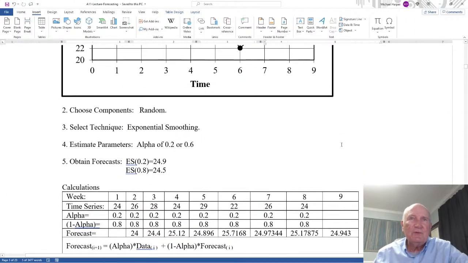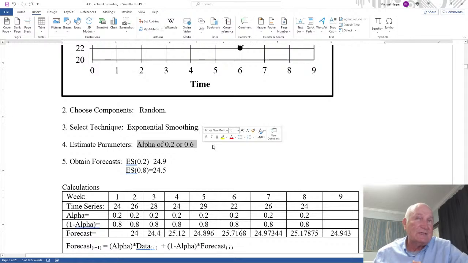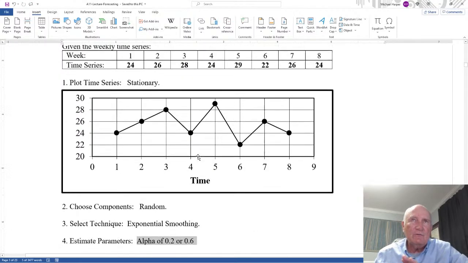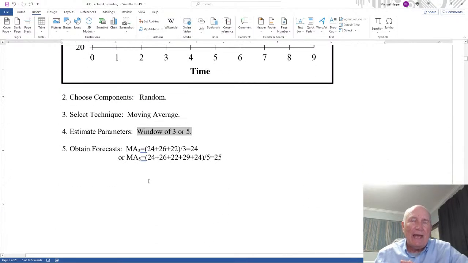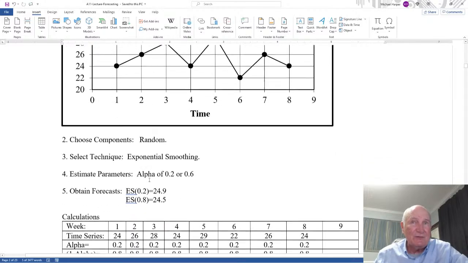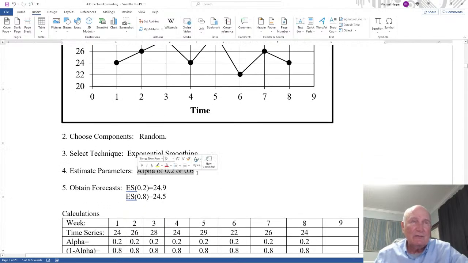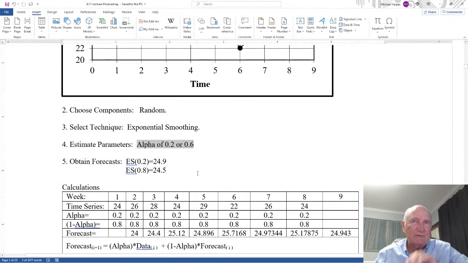Okay, exponential smoothing, the parameter is something called alpha. So you can have an alpha of 0.2 or 0.6, for example. The window is the parameter for a moving average, and alpha is the parameter for exponential smoothing. In this course, we're not going to calculate it. I'll give it to you. It's given.